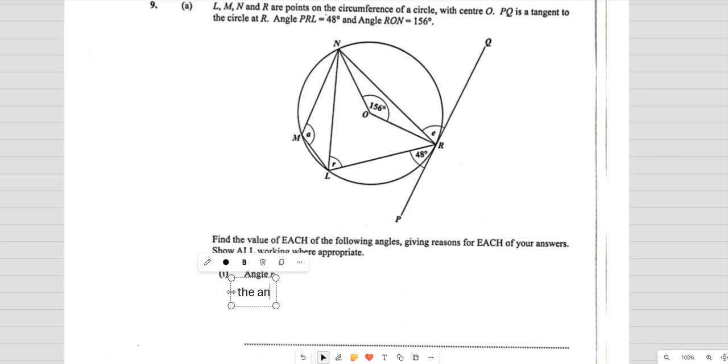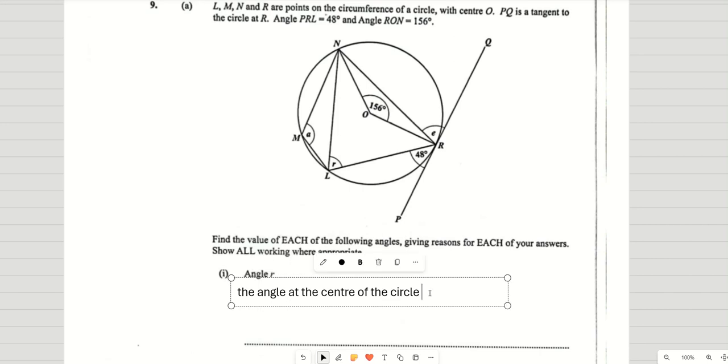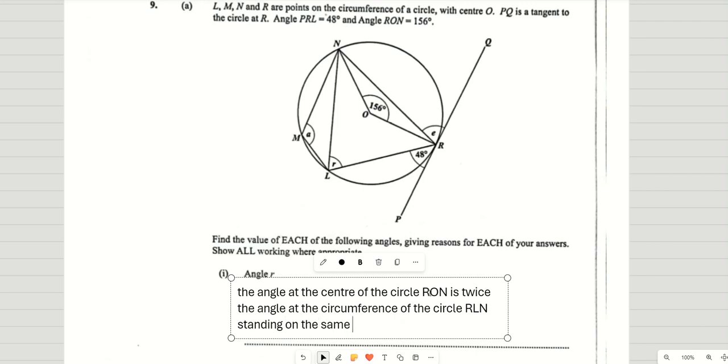You would say the angle at the center of the circle, RON, is twice the angle at the circumference of the circle, RLN, standing on the same chord, and the chord is RN.